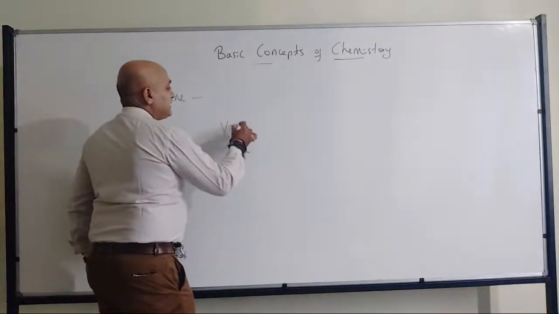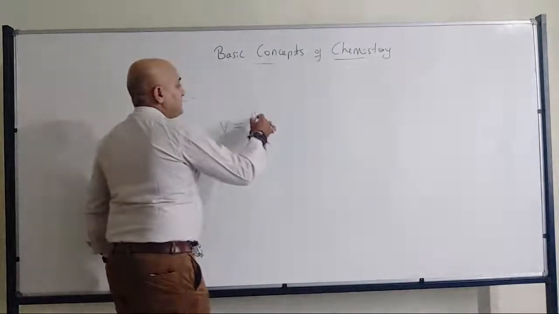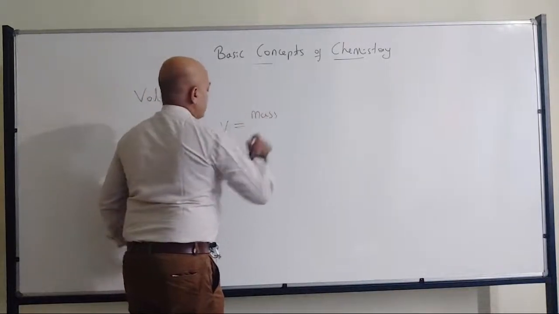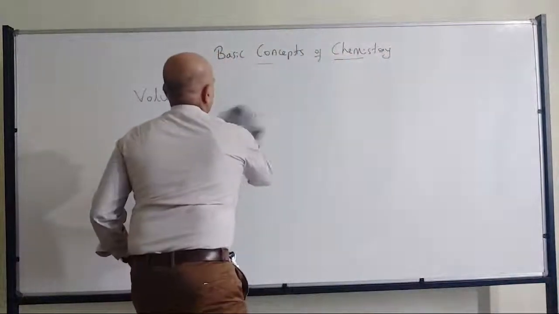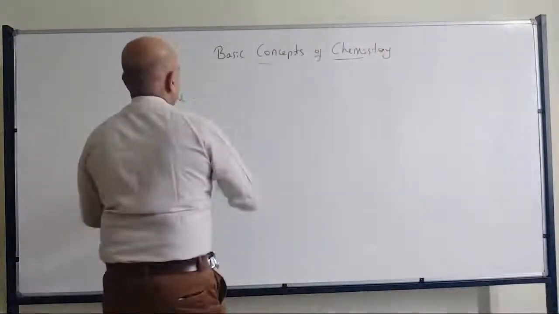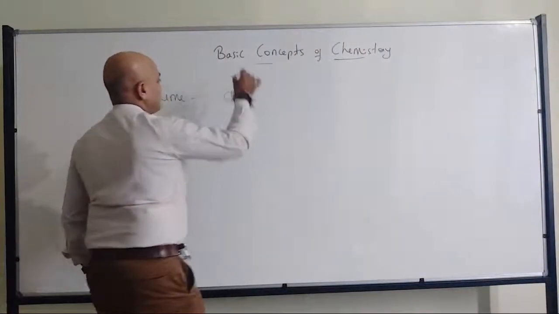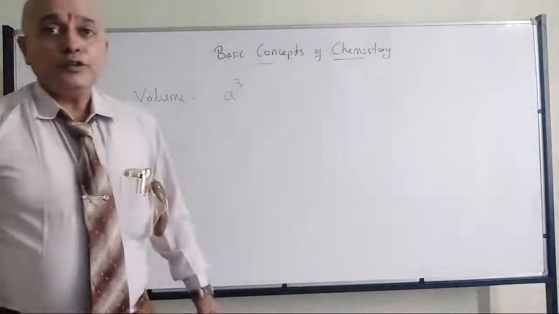Now generally we know that based on the equation, volume is nothing but a cube. So that is nothing but 3 parameters we should take. Now that is one thing, volume.